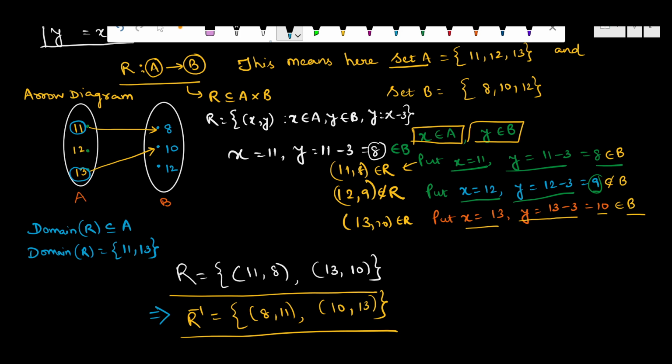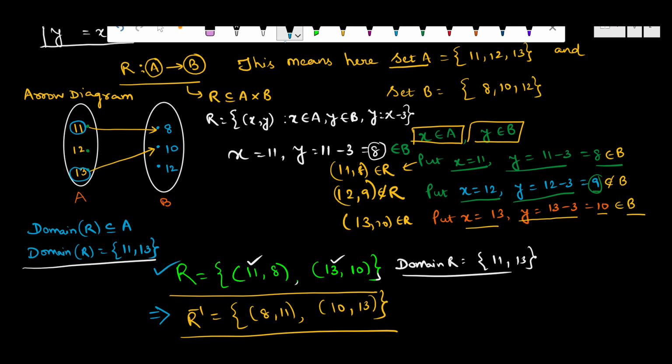You may see it from here as well, from R as well. The set of first components is 11 and 13, so the domain of R is 11, 13, right? You can find out a domain by both these methods.